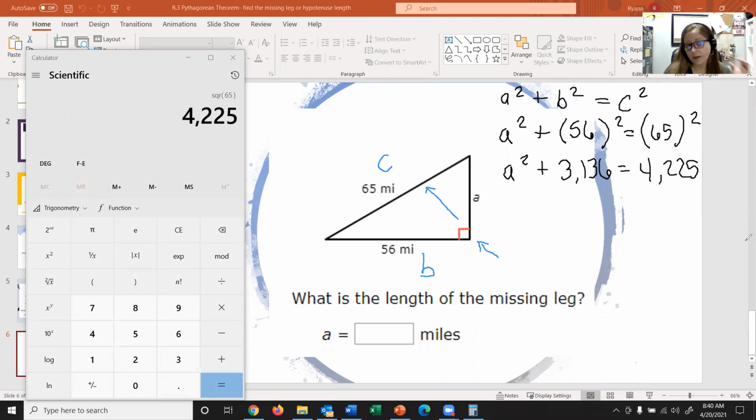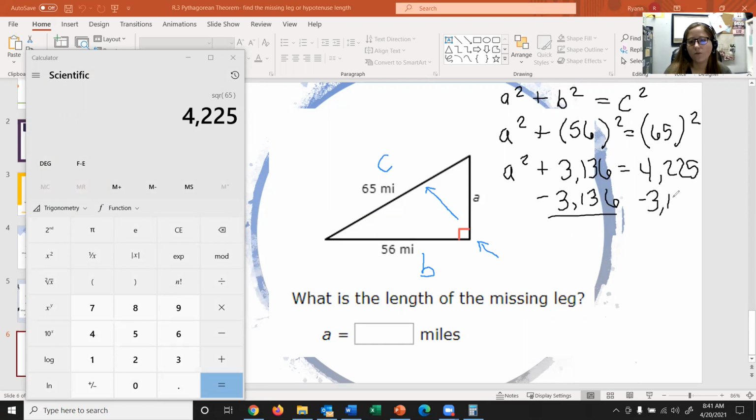Now, the next step is similar to the last one. We're trying to find out what a squared is, but we have this variable and this number on one side of the equal sign. So we need to get that variable by itself by doing those inverse operations. In this case, we have a positive 3,136, so we're going to subtract 3,136 from both sides.